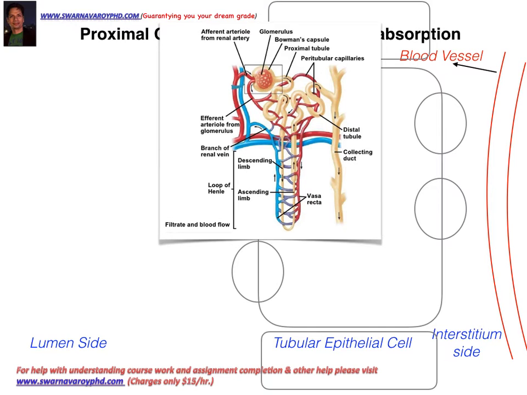The purpose of these overlying capillaries is to reabsorb substances back. That is what takes back all the substances which are still required by the body, for example, glucose and amino acids.